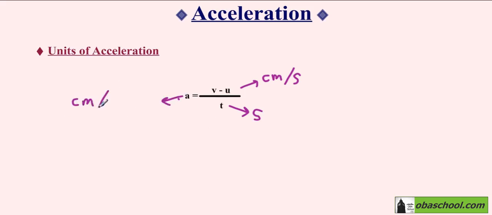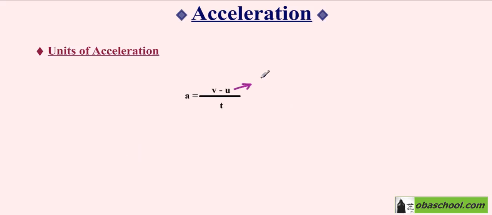Using the SI units in the equation of acceleration, v and u have the same unit. For example, if the unit is centimeter per second, and the unit of time is second, then the unit of acceleration is centimeter per second per second. Or, it can be written in a simpler way as centimeter per second squared, or sometimes it's written as centimeter second to the power minus 2.